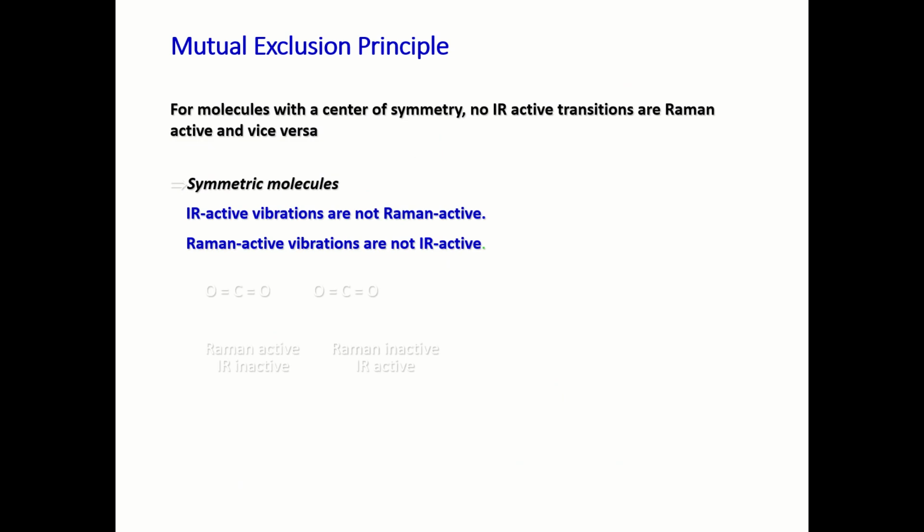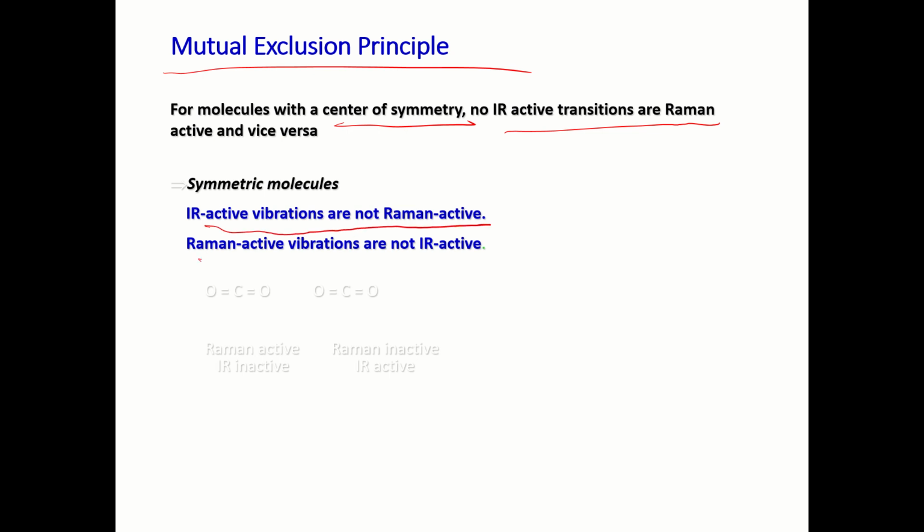Okay, so we are now at the very important conclusion regarding this mutual exclusion principle. For molecules with center of symmetry, no IR active transitions are Raman active and vice versa, or IR active molecule not Raman active.